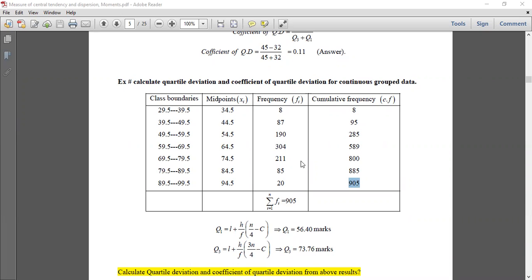Which boundaries and which limit does the value lie in? Sir, 49.5. 49.5 to what? No, 226.25 is lying between the... something confusing, I have made a confusing calculation here.